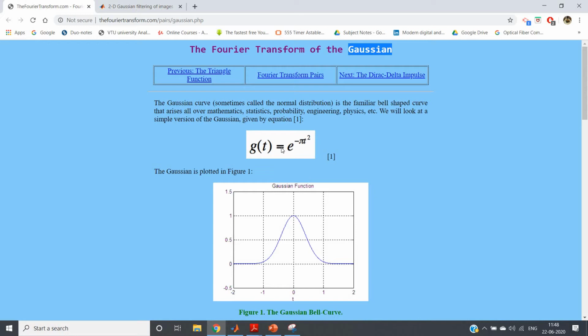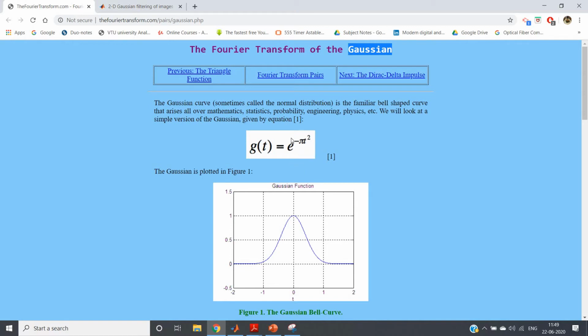It is not that simple to calculate the Fourier transform, like we can simply put the integration from minus infinity to infinity f of t e to the power minus j omega t dt and get the result, because the integration itself is difficult for this one. Not very difficult, but it is harder than the rest of the simple integrations. So it is a very popular question. If you have taken a signals and systems or DSP course, then you might have seen this equation also.